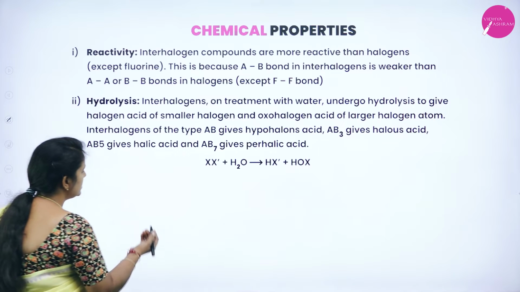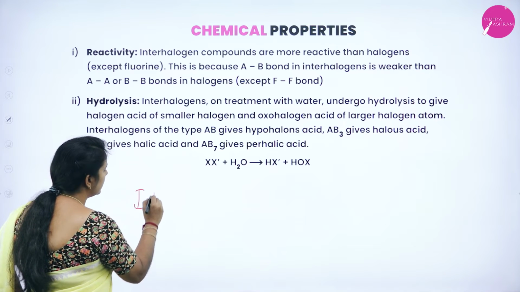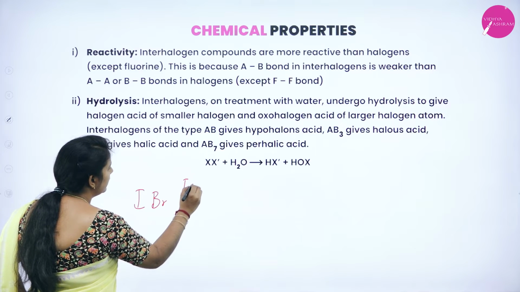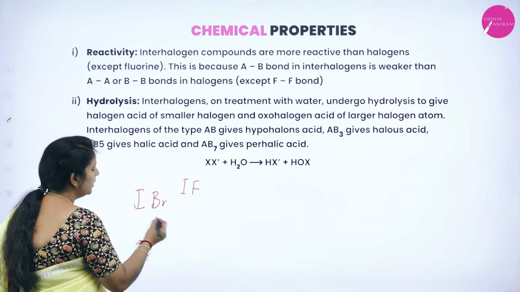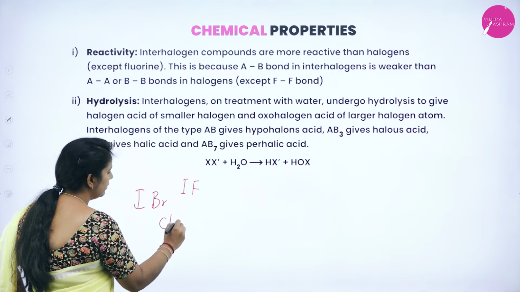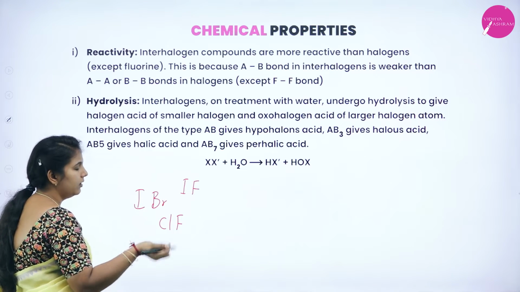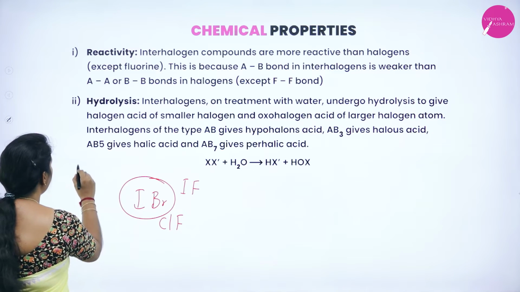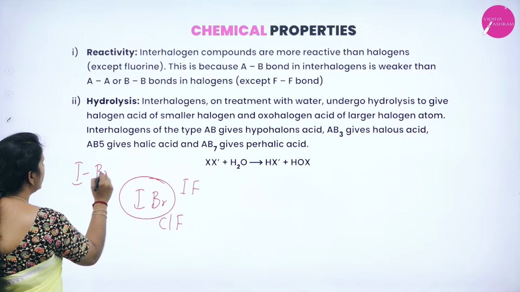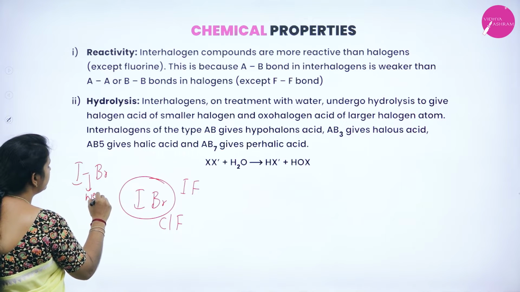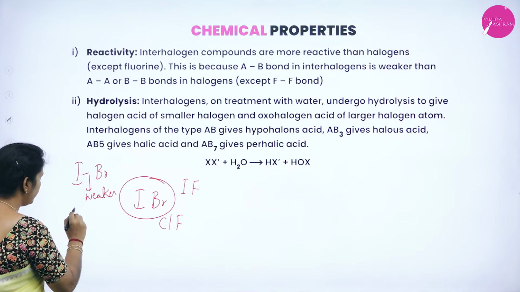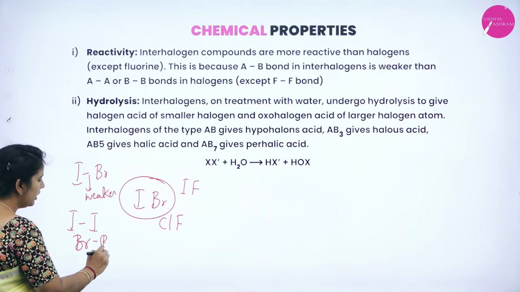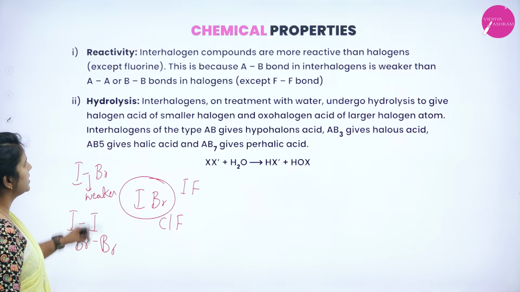That is mainly because, suppose I take iodine with bromine, or iodine with fluorine, or chlorine with fluorine, any one of the interhalogen compounds, we know that the bond between iodine and bromine is usually weaker as compared with the I-I and Br-Br bonds. That is what the statement says.